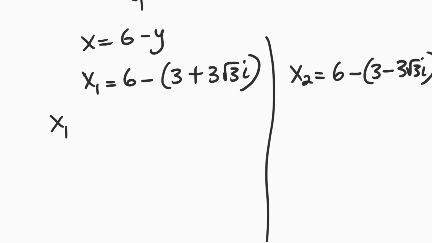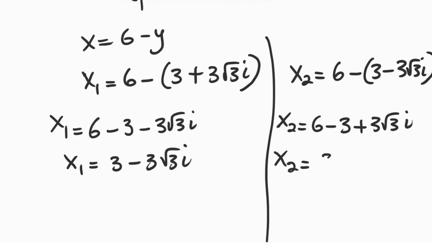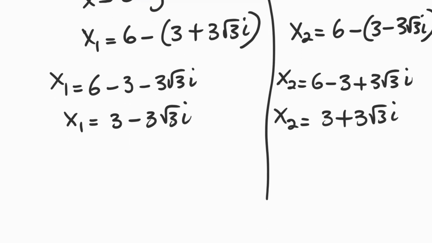Now our x1 is equal to, if we open up the parentheses, 6 minus 3 minus 3 root 3i. And here we have x2 is equal to 6 minus 3 plus 3 root 3i. x1 is equal to 3 minus 3 root 3i. And x2 is equal to 3 plus 3 root 3i.